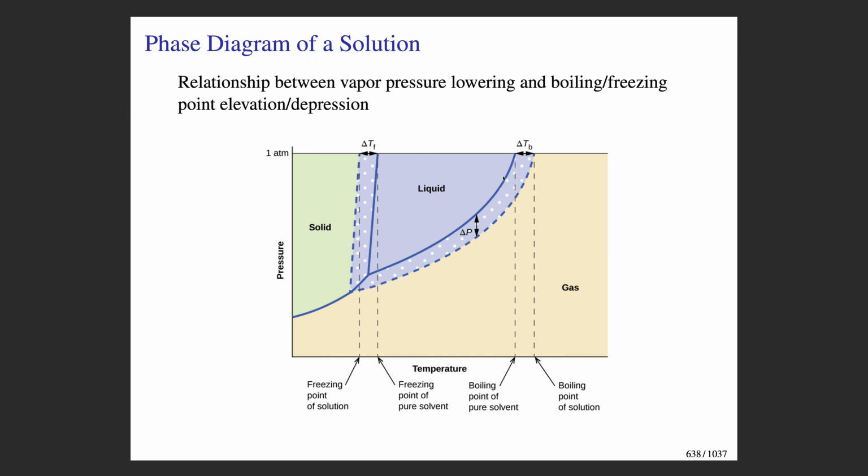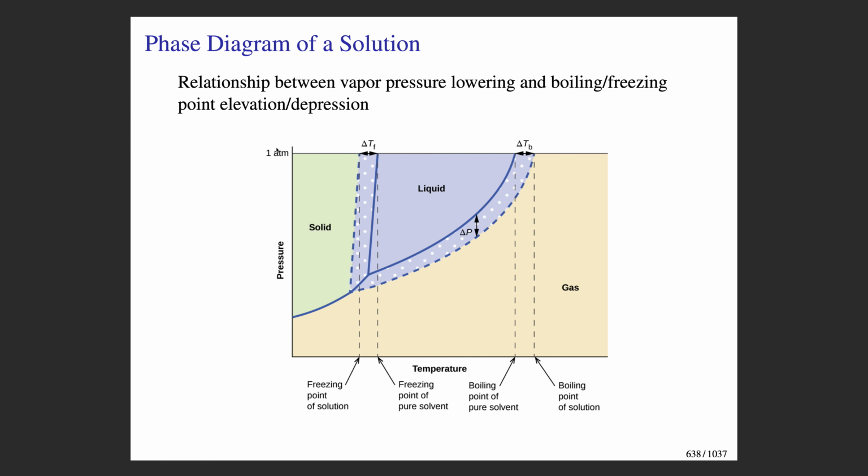This curve here is called a coexistence curve, and along this curve you have both gas and liquid in equilibrium. This would be for a pure substance. Now, when you make a solution, the vapor pressure of the liquid drops. It's the vapor pressure lowering. And then you see that changes the curves somewhat.